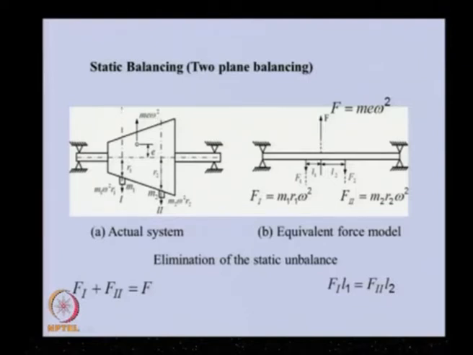Let us say that particular force is F. To balance this unbalanced force, we are keeping two masses in these two planes, because generally we will have provision to put mass at the sides of the rotor. Here we are keeping a mass m1 at radius r1 and here m2 at radius r2. They will give forces F1 and F2.